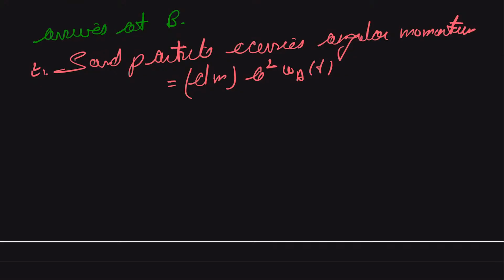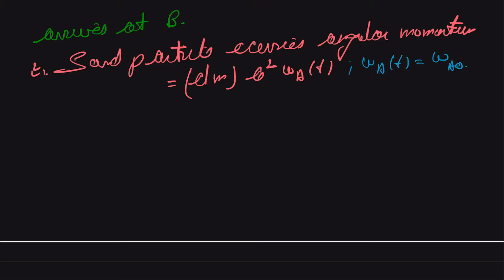And we already know that our omega_A(t) is equal to omega_A naught. And it is given in the question that this sand particle is going to stick to the drum B. So basically there is an inelastic collision, and the transit time between A and B is said to be ignored.